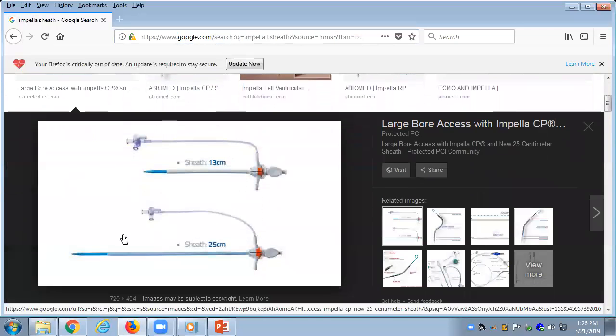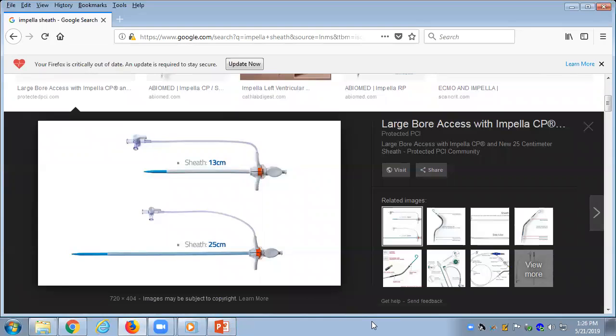The other thing about this, if I can find a picture of the sheath itself. So the sheath actually tightens down and locks in place. So it should not move when we're transporting. It's sutured in place. It's locked down, so it's going to hold it in place, and then it's dressed all the way down. So it should not move.